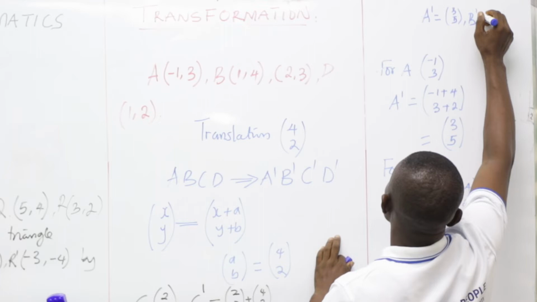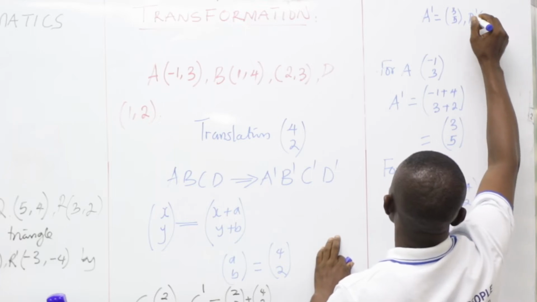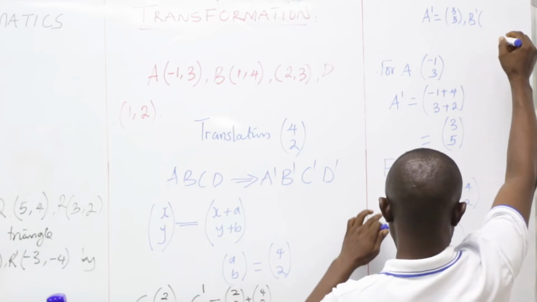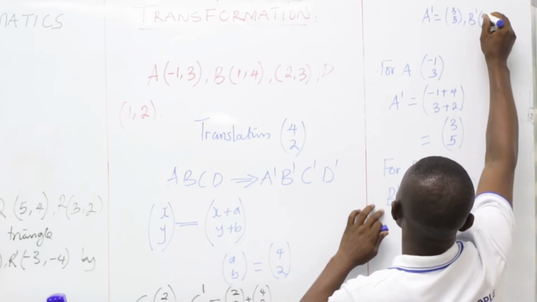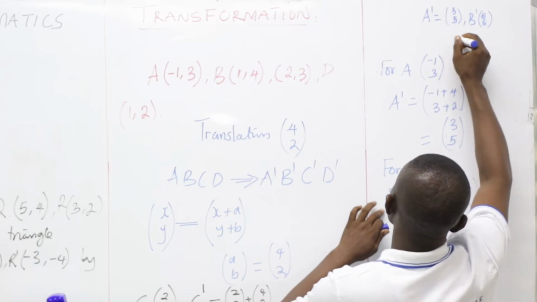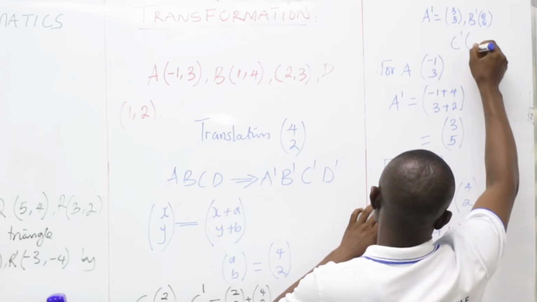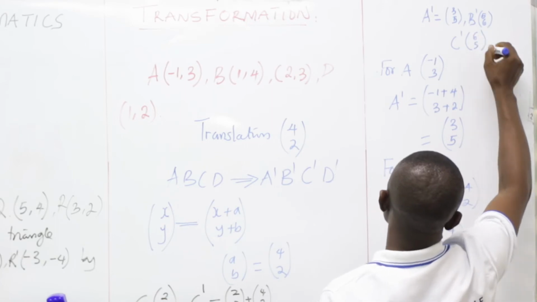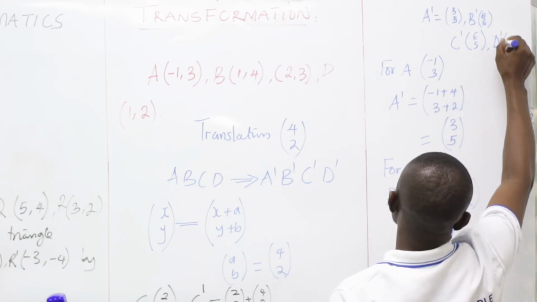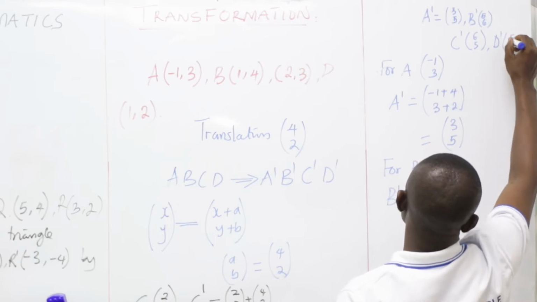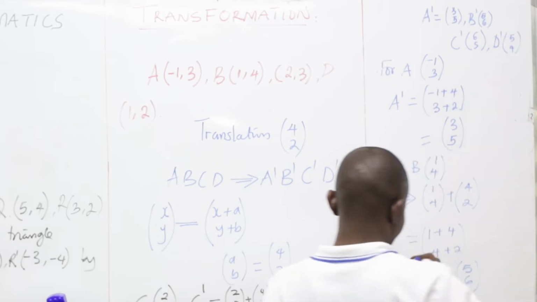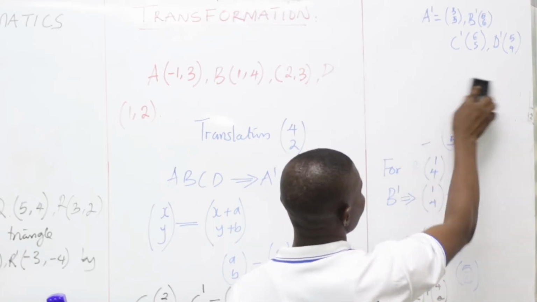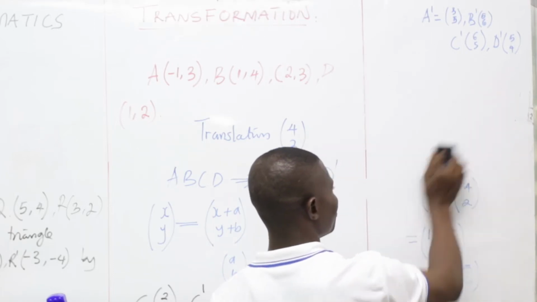B prime will give us 5, 6. C prime 6, 5. Then D prime 5, 4. Let us draw and see the nature of what we have.